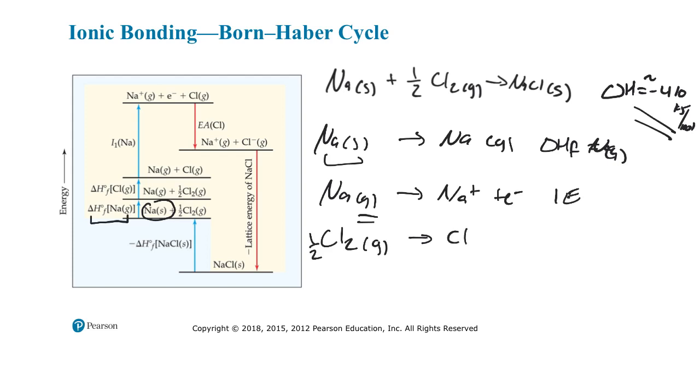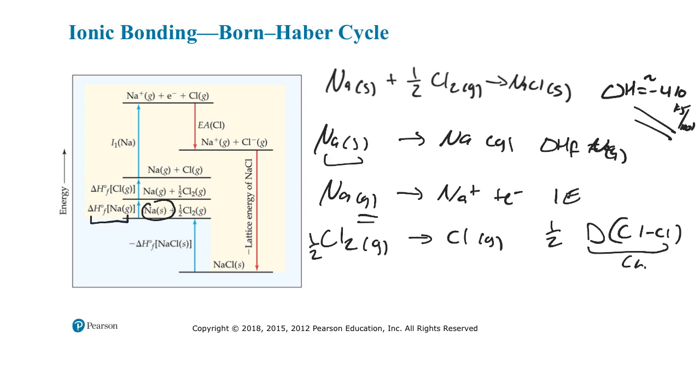So half a mole of chlorine has to break the bond to form a mole of chlorine atoms. That energy is 1/2 of the bond dissociation energy, or the bond enthalpy. Maybe we'll use the symbol D. So we use the symbol D to symbolize bond strength. So it's about half the bond strength of the Cl-Cl bond.